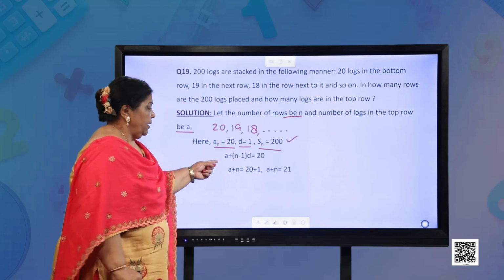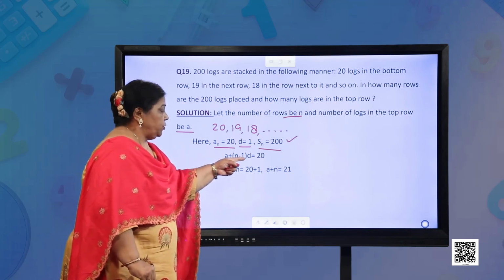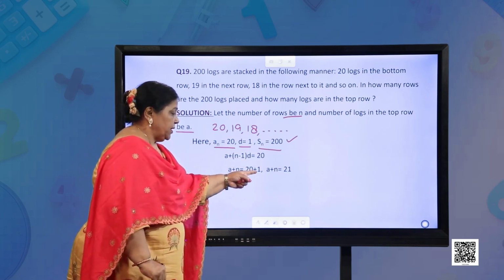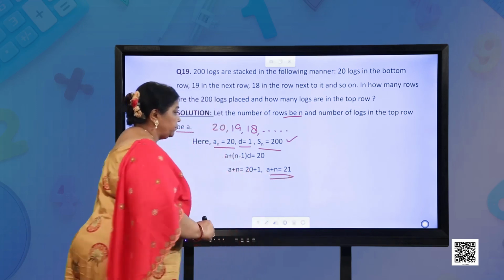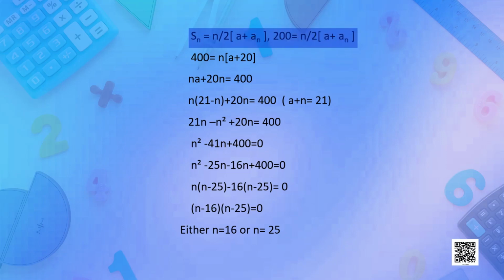So, using the formula for the nth term, a plus n minus 1 into d is equal to 20. I can write a plus n is equal to 20 plus 1, or a plus n is equal to 21. Now, using the formula Sn is equal to n upon 2 into a plus an.